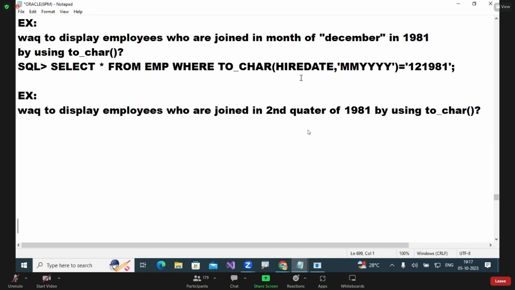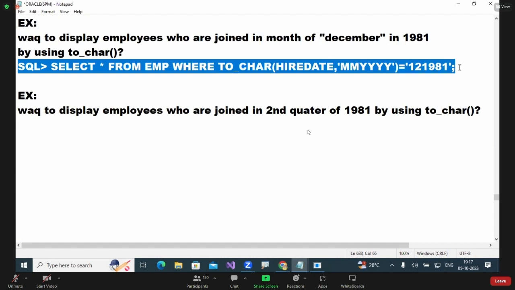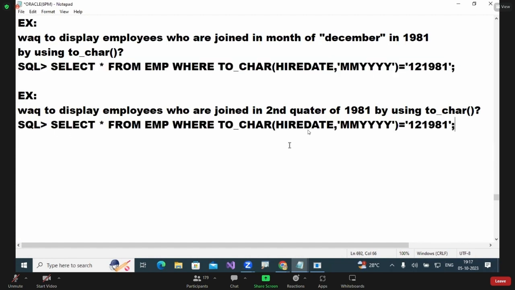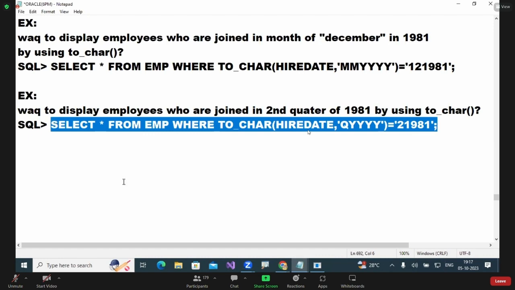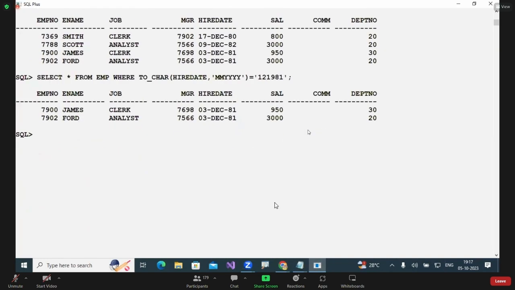Right guys, I already showed you this one. In place of this, what should we do? Q is called quarter. The question asks for the second quarter, so the answer is in the question itself: second quarter of 1981.